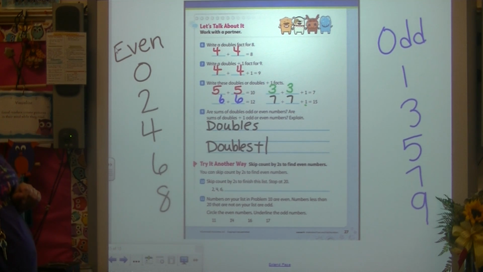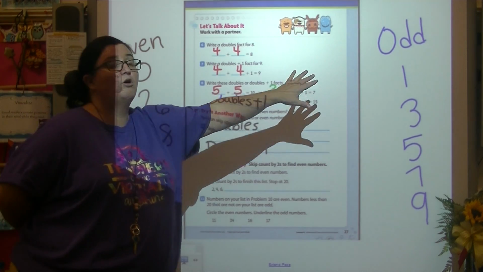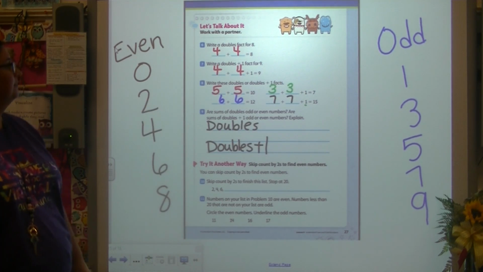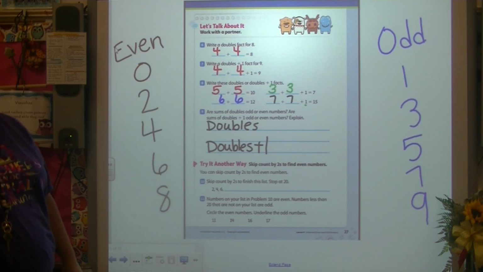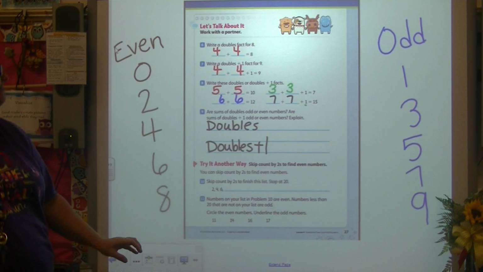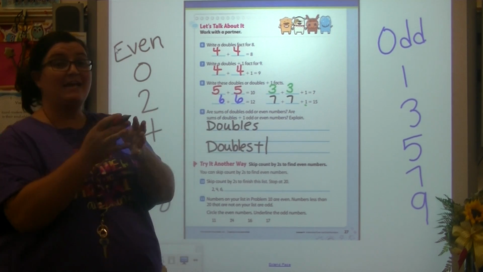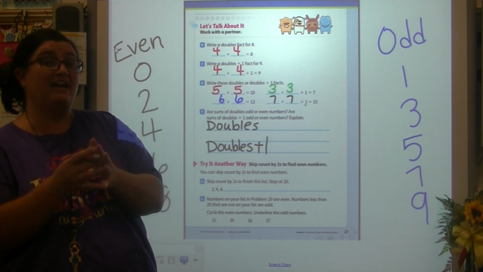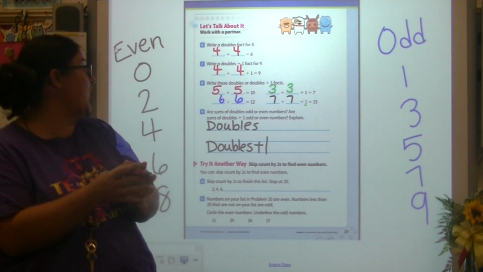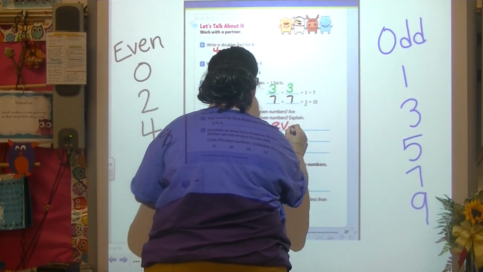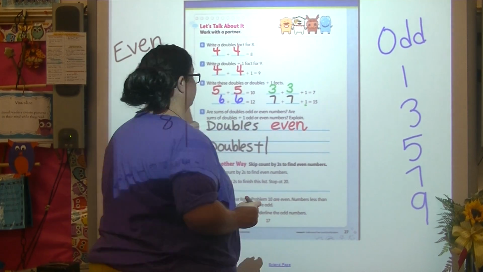Are our doubles facts even or odd? They are even. When you add a number to itself, it matches up, and everyone has a partner. So if it's a doubles fact, the answer is even.